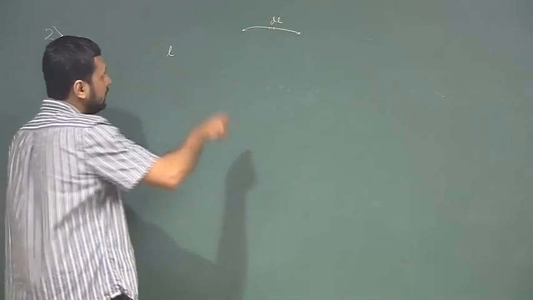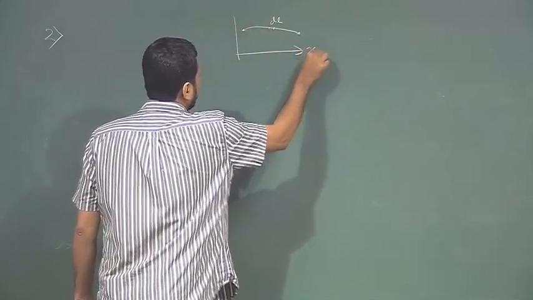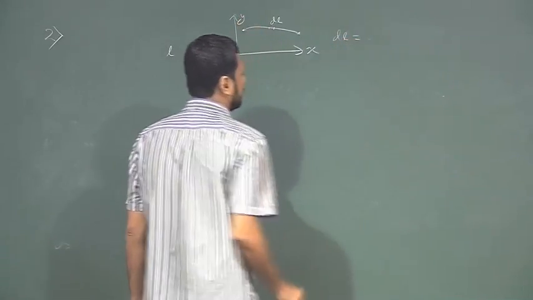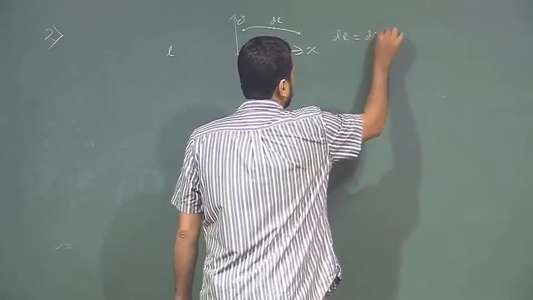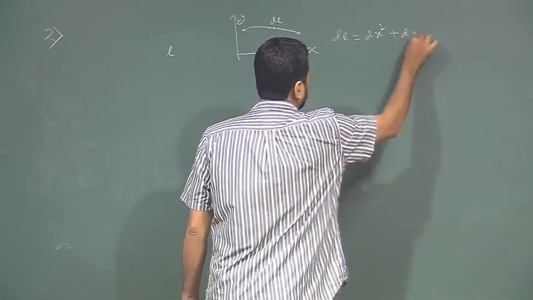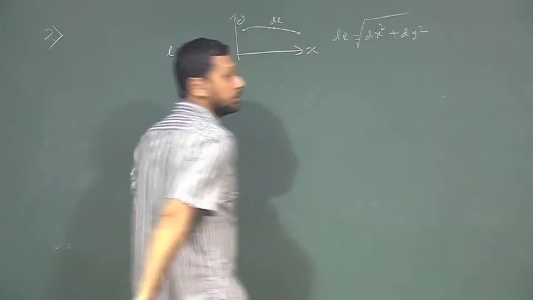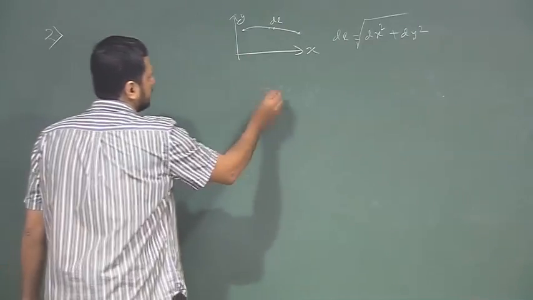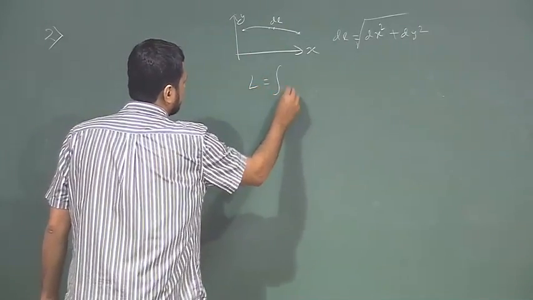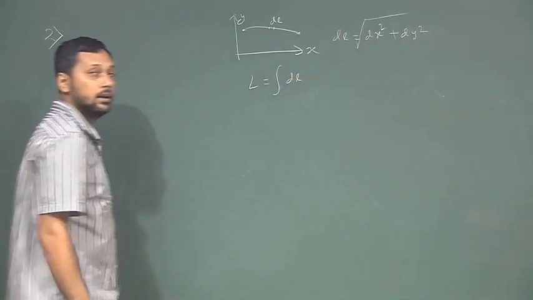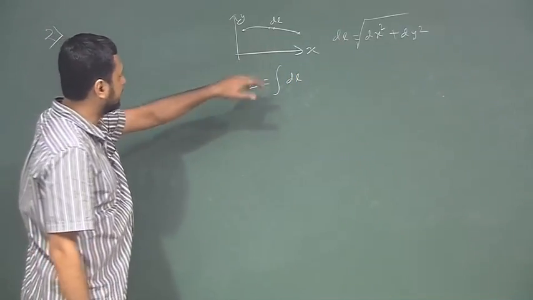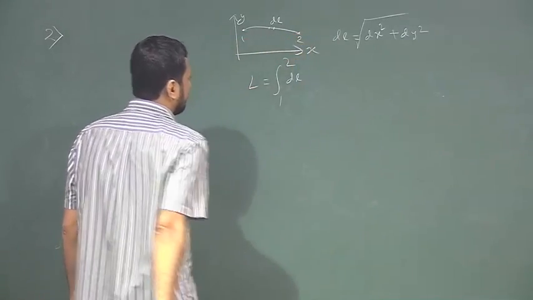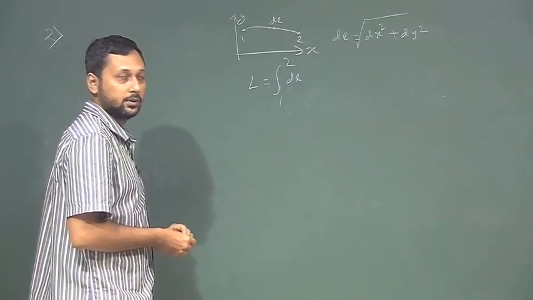Now, in a 2D xy plane, dl is equal to the square root of dx square plus dy square, right. So, L, the total length, will be the integration of dl, right. Of course, there will be limits 1 and 2, but that is not terribly important here.